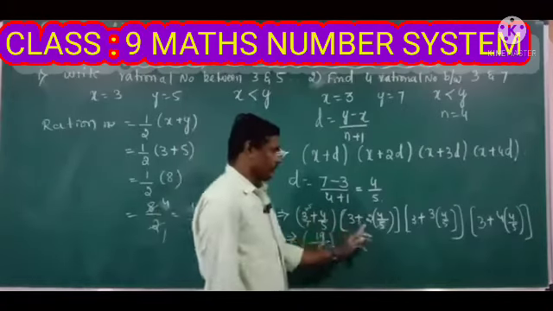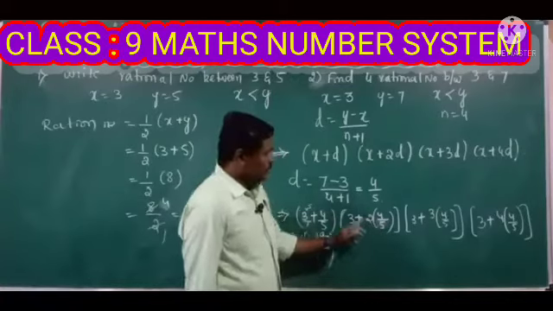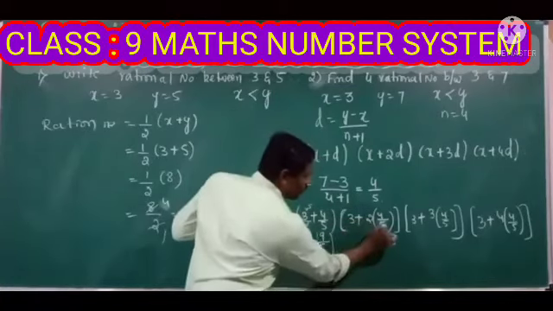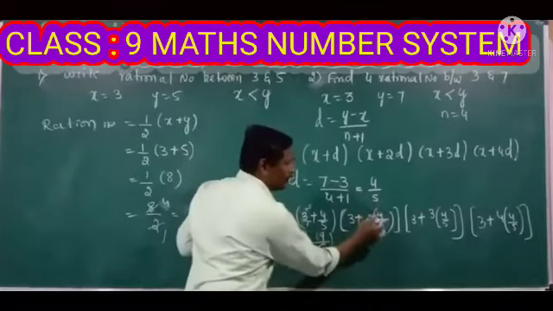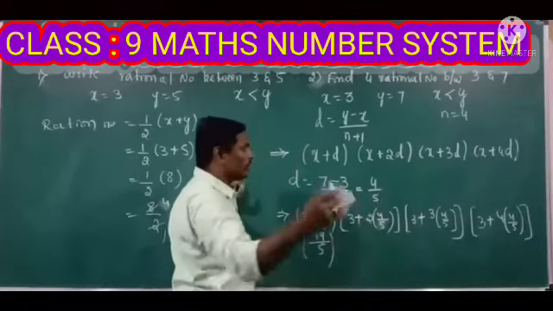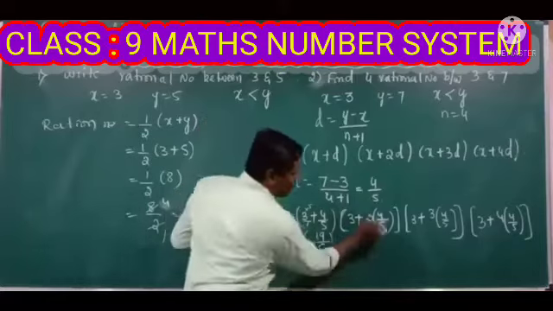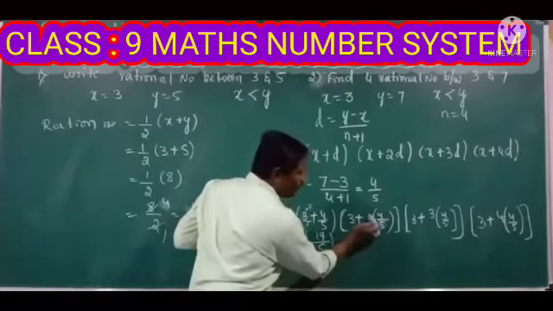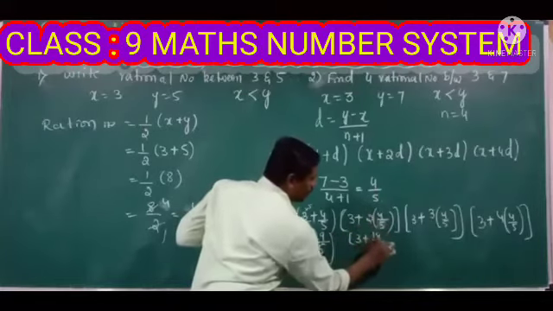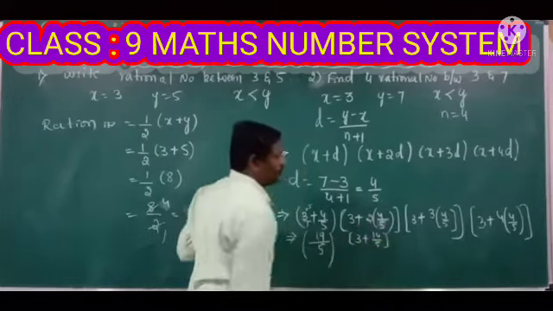Next one. First convert this mixed fraction into an improper fraction: 5 times 2 is 10, 10 plus 4 is 14 by 5.